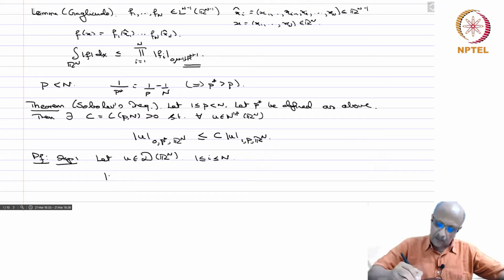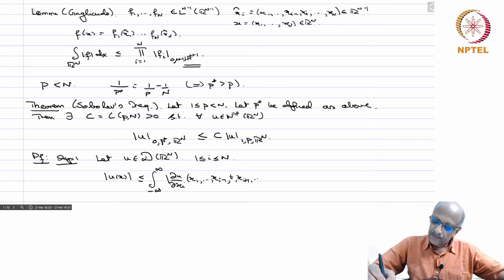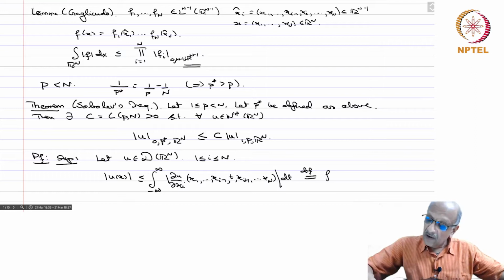So you can write |u(x)| is less than or equal to the integral from minus infinity to infinity of |∂u/∂xi (x1, ..., x_{i-1}, t, x_{i+1}, ..., xn)| dt, which I am going to define as fi(x̂_i). Okay, so what have I done here?